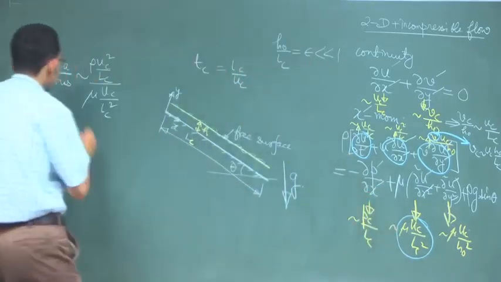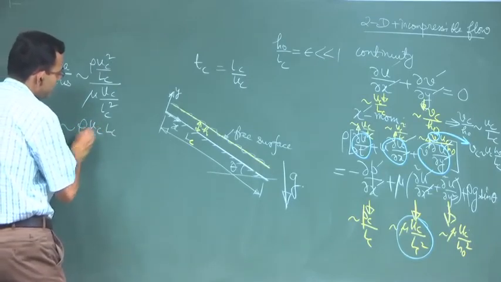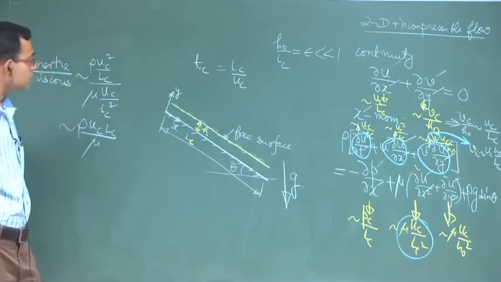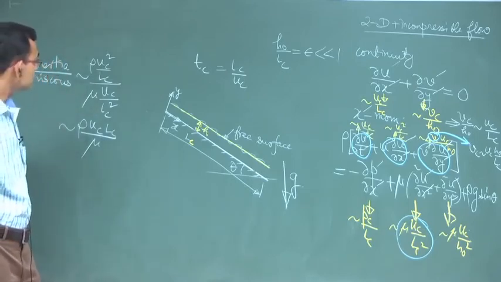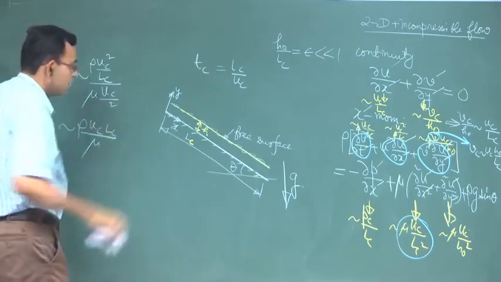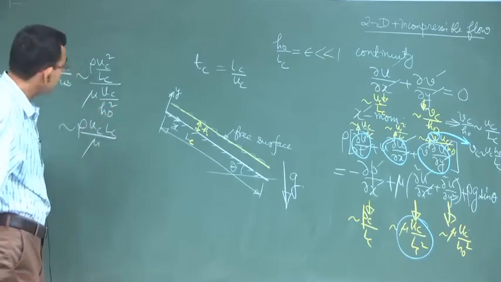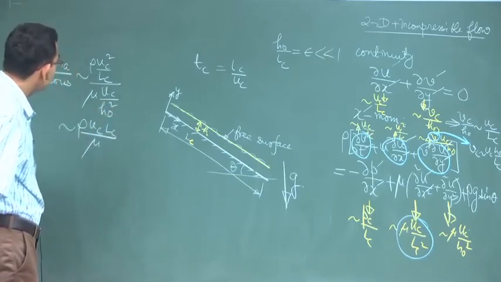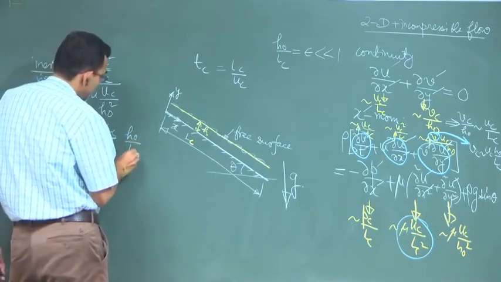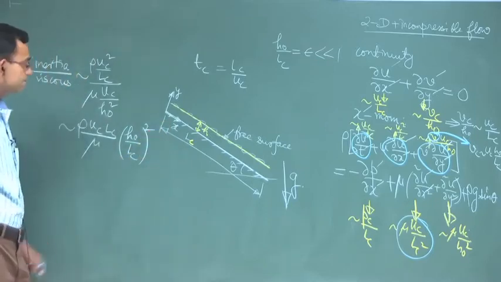So this is rho Uc Lc by mu. Oh sorry, I am very sorry, H naught square. So rho Uc Lc by mu into H naught square by Lc square, right.